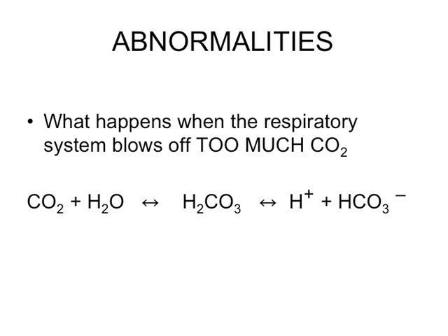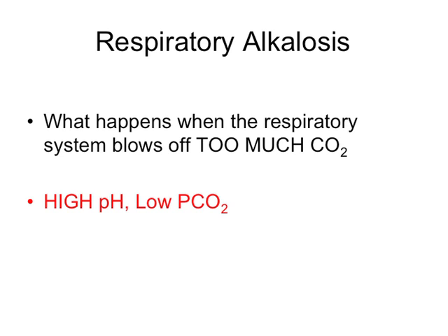What happens when the respiratory system blows off too much carbon dioxide? Hyperventilation. This can happen clinically because someone gets excited and anxious and afraid, and they breathe too rapidly, and as a result, they blow off their carbon dioxide. When that happens, this chemical reaction moves from the right to the left, and the hydrogen ion is used up, which means that they have too little acidity in the body, and if the amount of acidity in the body is too low, the pH goes up, and in this case, we call this respiratory alkalosis.